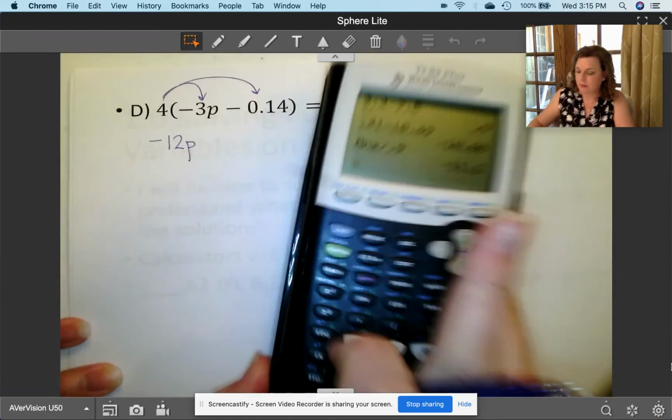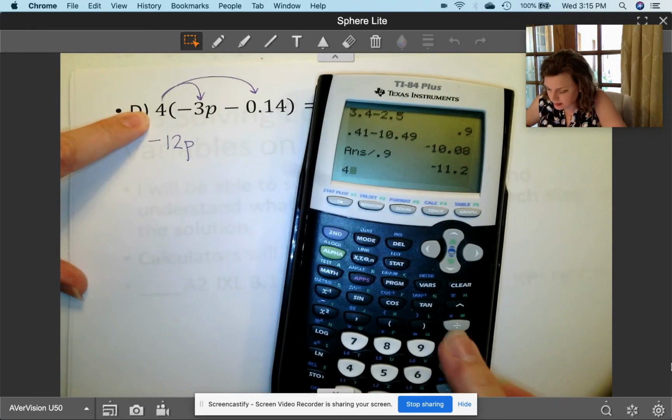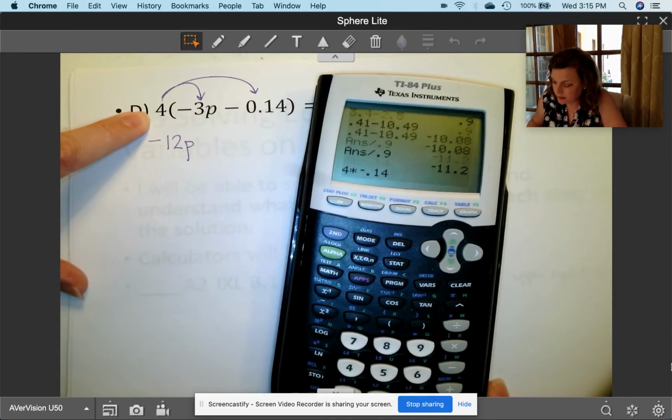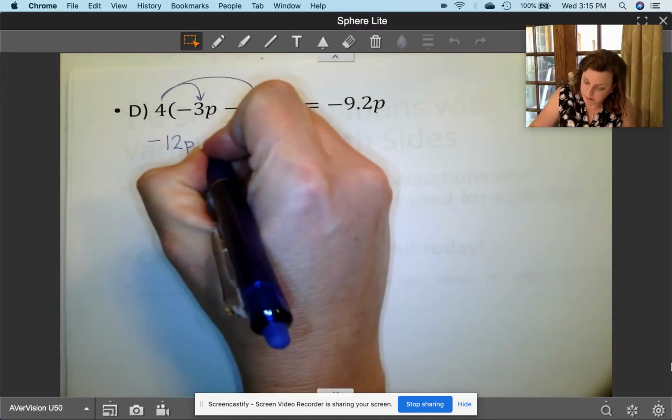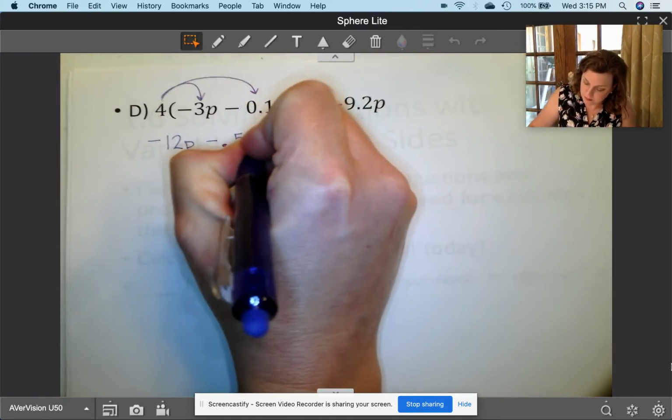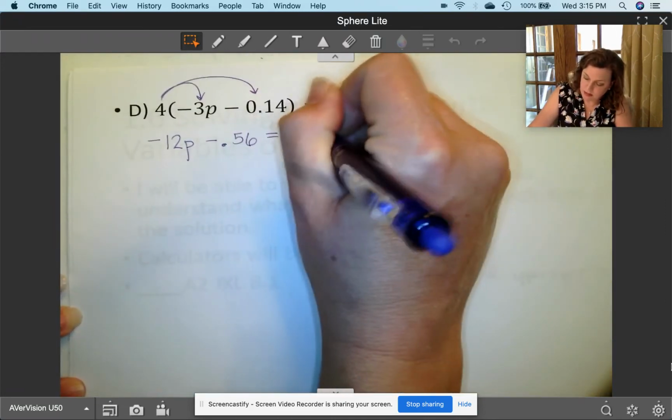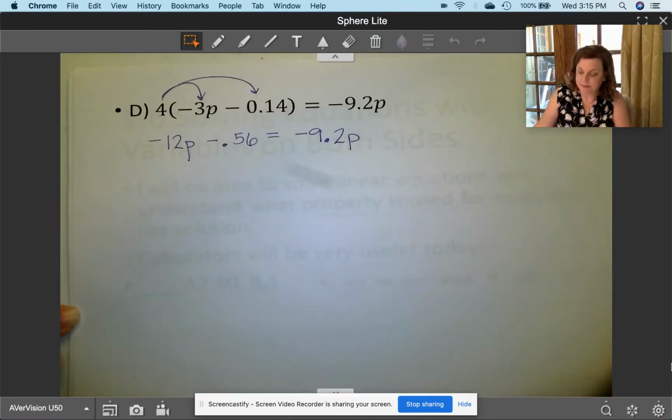And looking at my calculator, 4 times negative 0.14 is negative 0.56. Equals negative 9.2p.